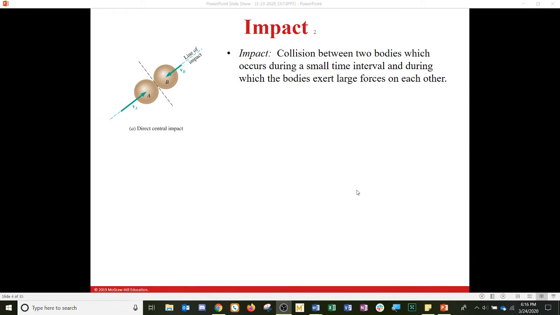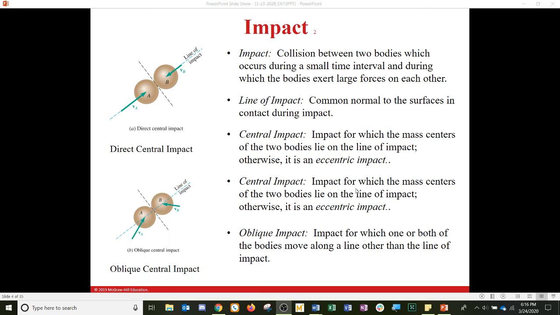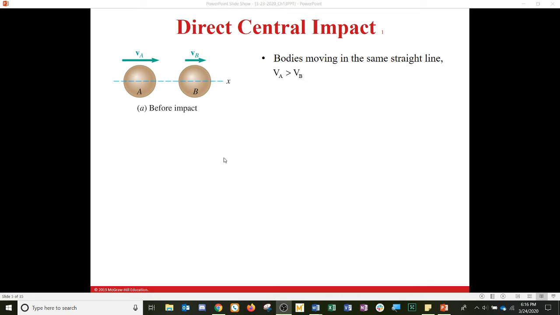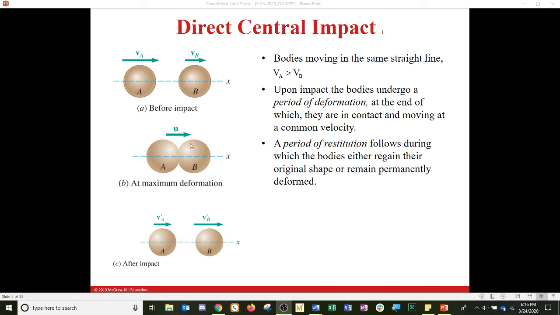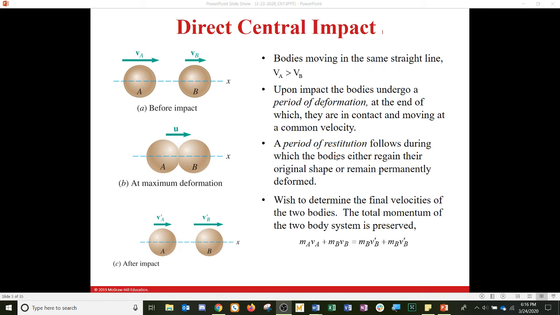And this is all related to the reading. So I'm not going to go through each of the slides, but I am going to show you. This is slide 4, and it's defining impact and the different types of impact. When we're talking about direct impacts, you have this deformation phase, and we can relate the incoming and outgoing velocities both by conservation of momentum and by the restitution coefficient.